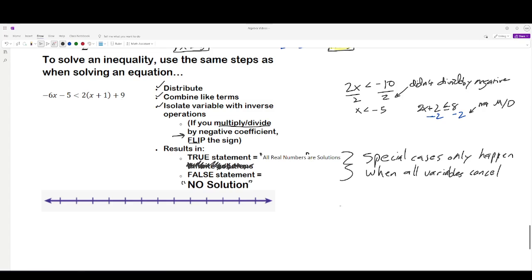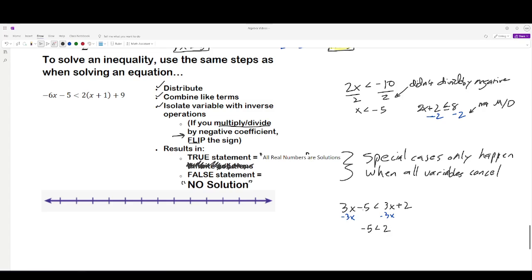So if I had something like 3x minus 5 is less than 3x plus 2. When I try to solve this, I'm going to subtract 3x from both sides, and then I end up with the statement, negative 5 is less than 2.